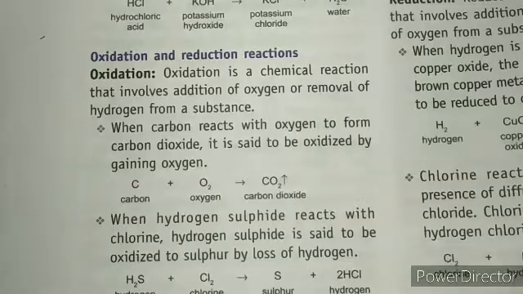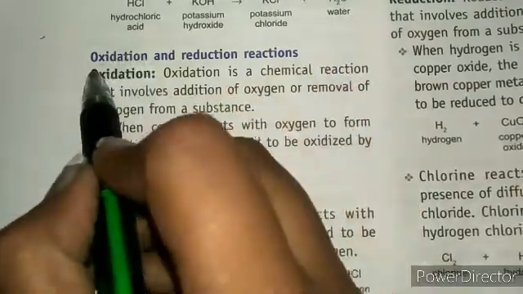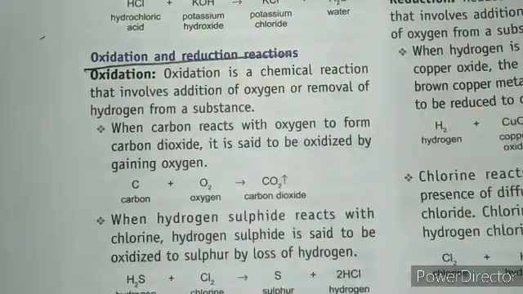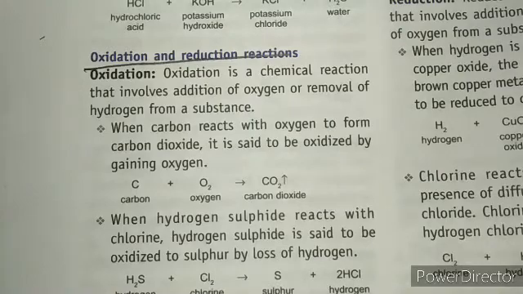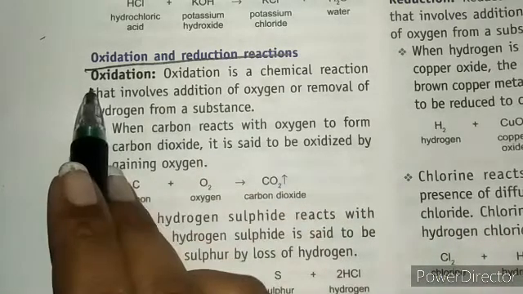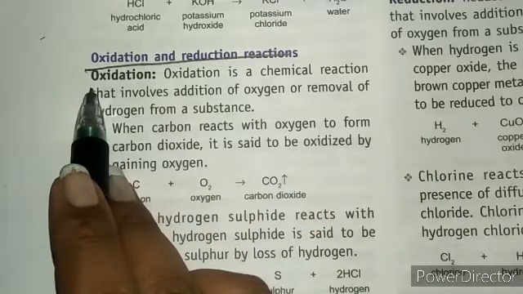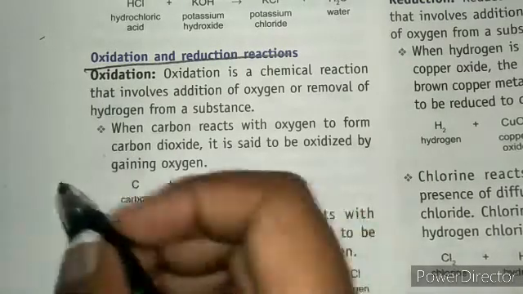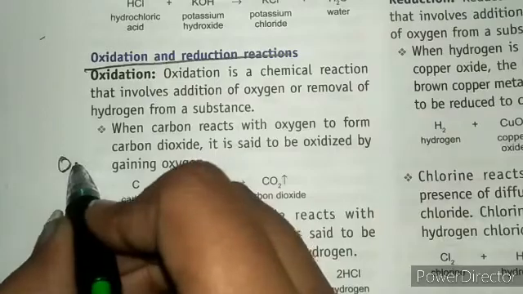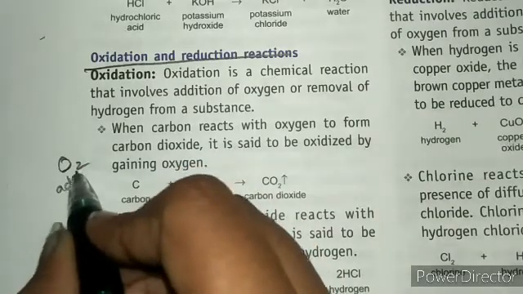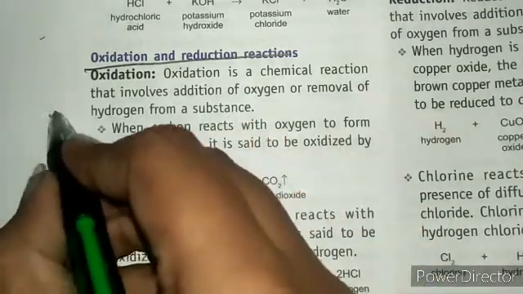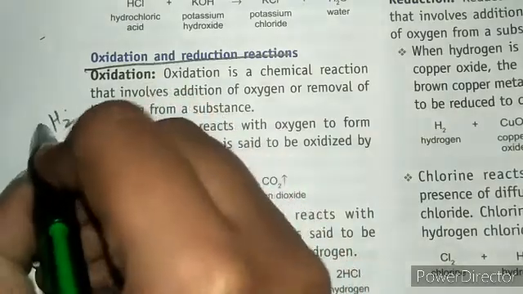So next we have oxidation and reduction reaction. The basic difference between oxidation and reduction is of oxygen and hydrogen. So let's see what happens here. In oxidation reaction, oxygen is added and hydrogen is removed.